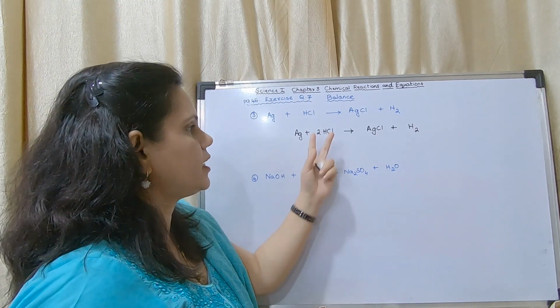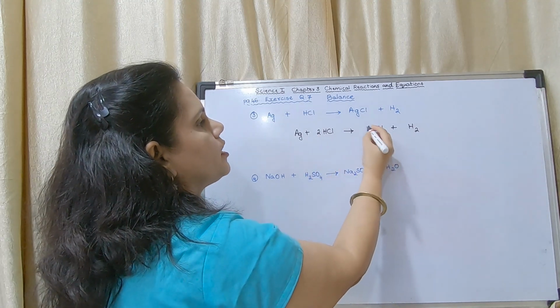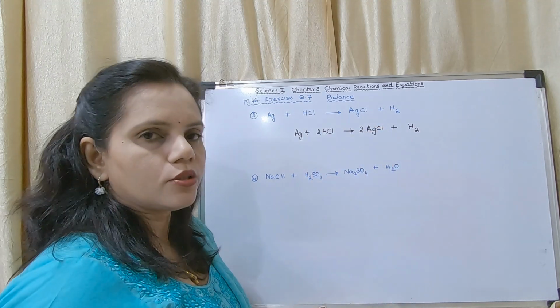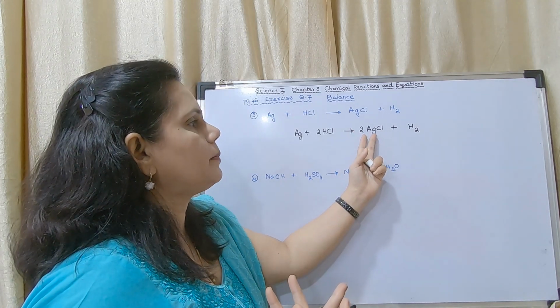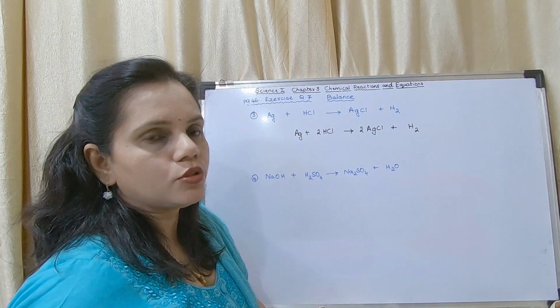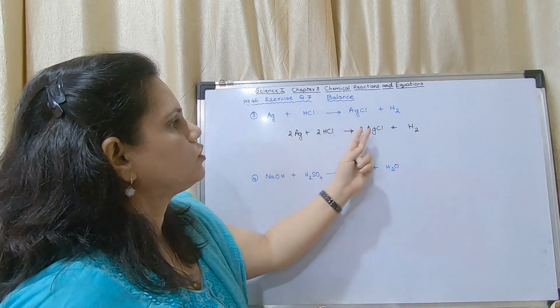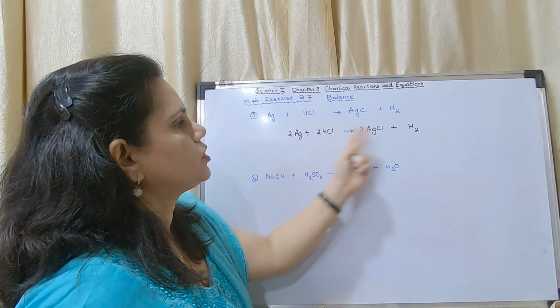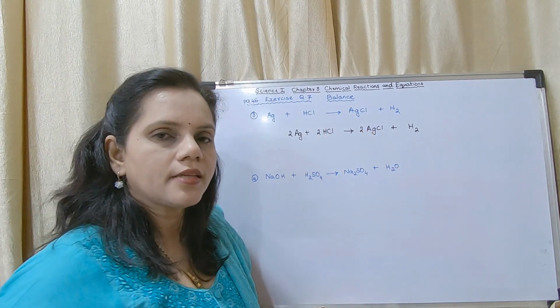If I put a 2 here, the Cl will become 2. So for making Cl 2 here also, I will put a 2 here. But what happened to Ag? Ag has also become 2. So I will put a 2 here. So now 2Ag, 2Ag, 2H, 2H, 2Cl, 2Cl. Now the equation is balanced.